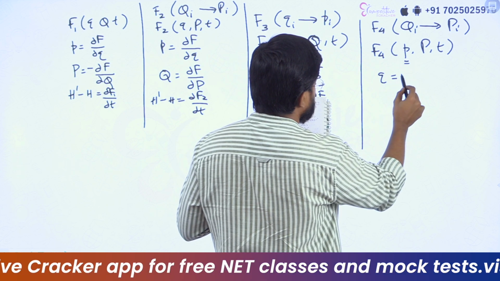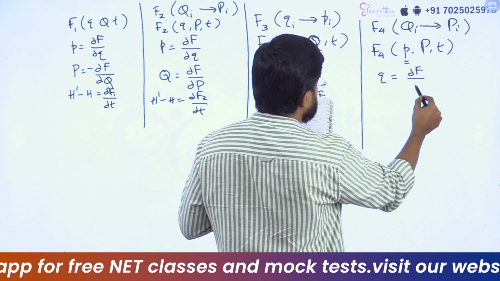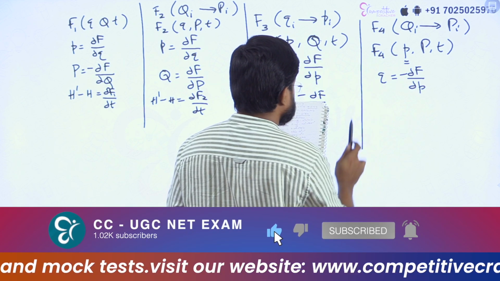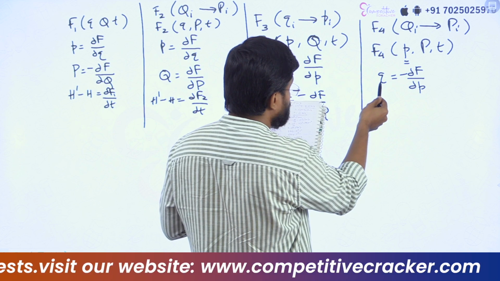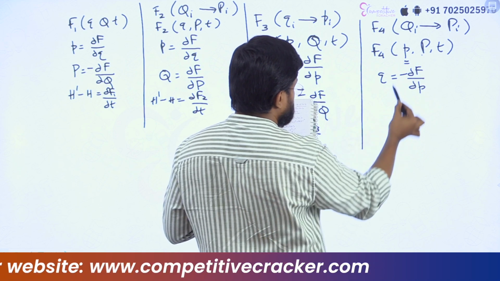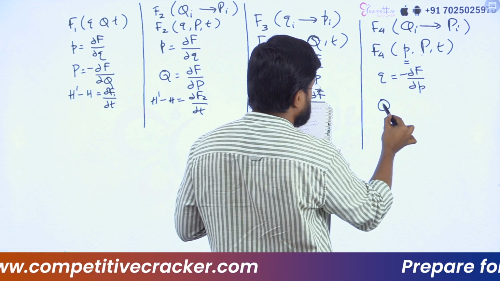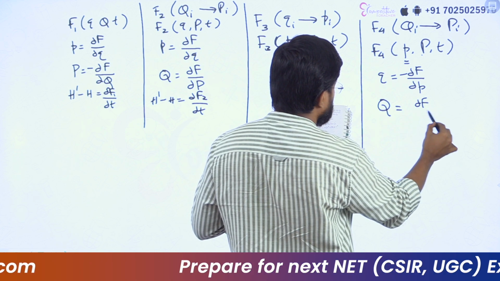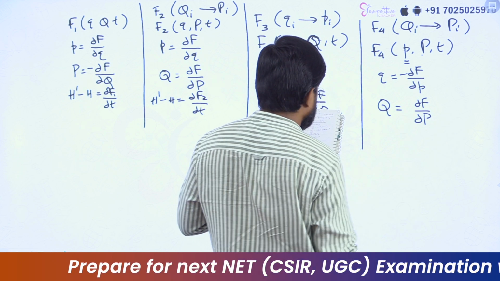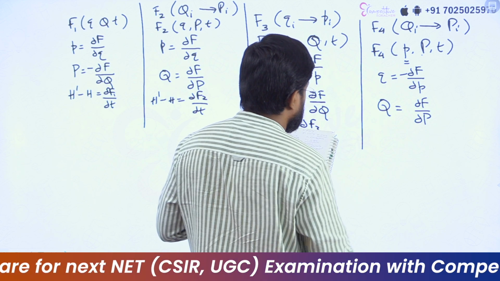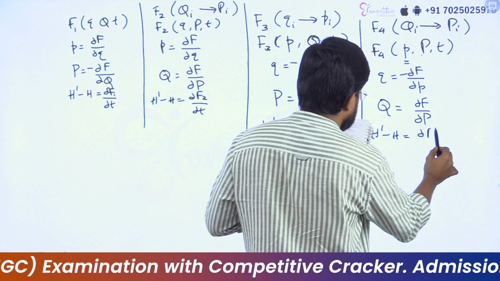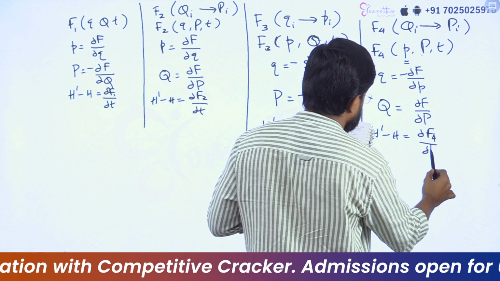What is absent? Small q. ∂F by ∂present with a negative because of small q. And what is present? Capital P. What is absent? Capital Q. It is ∂F by ∂present. And here also H prime minus H is equal to ∂F by ∂t.